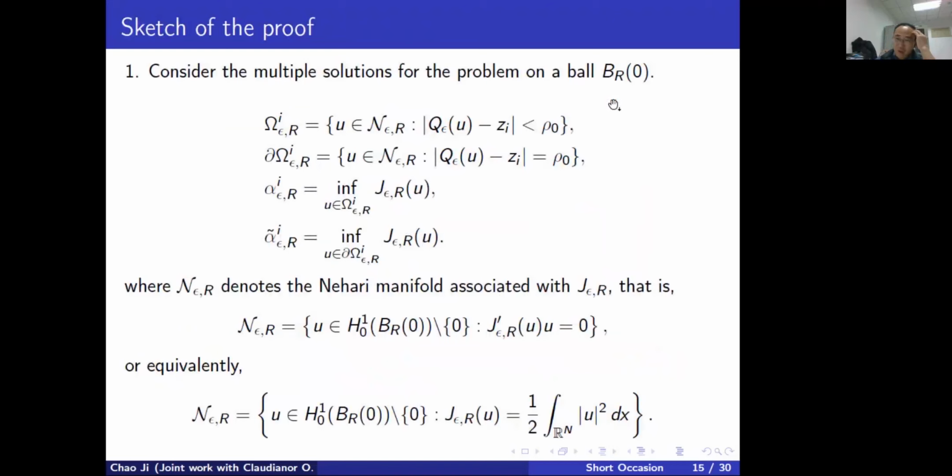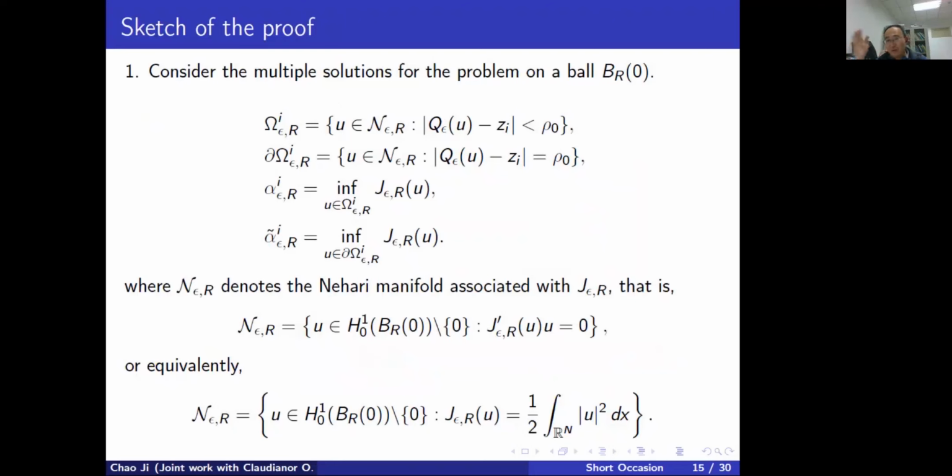Second, we can let R go to infinity. It's easy to show, for example, we can get a local minimizer u_R. It's easy to show u_R is a bounded sequence when R goes to infinity. So u_R has a weak convergence, for example to u.